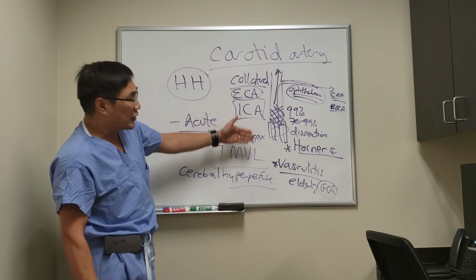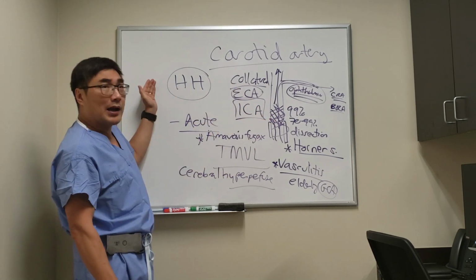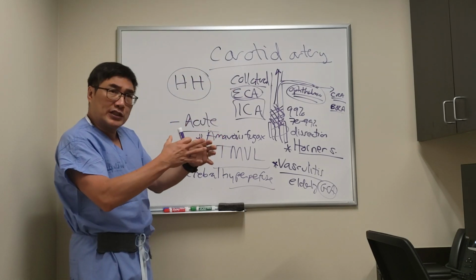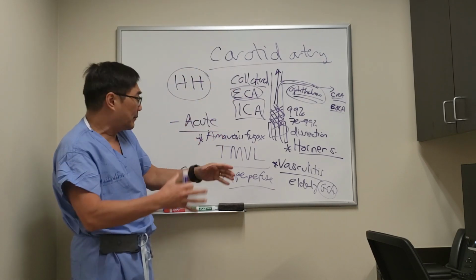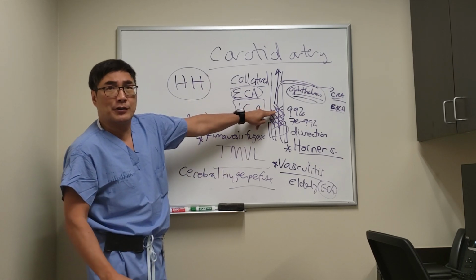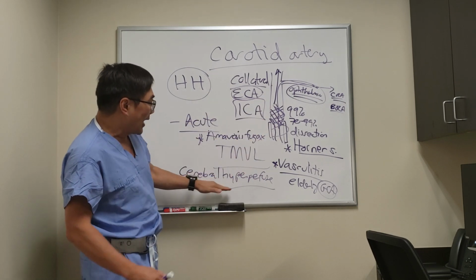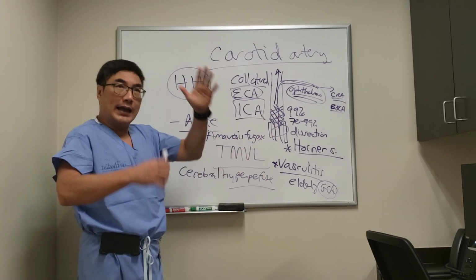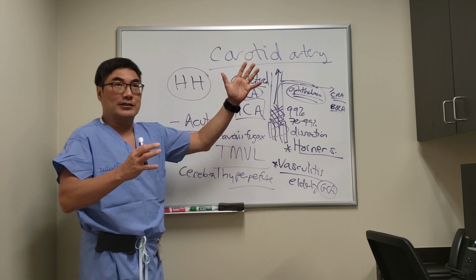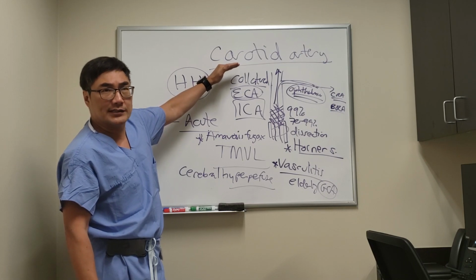And so that hemorrhage can be either ipsilateral to the carotid endarterectomy, producing a homonymous hemianopsia, or because of the circle of Willis and the dysregulation of the carotid system from chronic hypoperfusion, as well as damage to the baroreceptor for pressure sensing on that carotid, you can get a cerebral hyperperfusion syndrome and hemorrhage on both the ipsilateral side and on the contralateral side. So you need to know a little bit about carotid artery disease in neuro-ophthalmology.